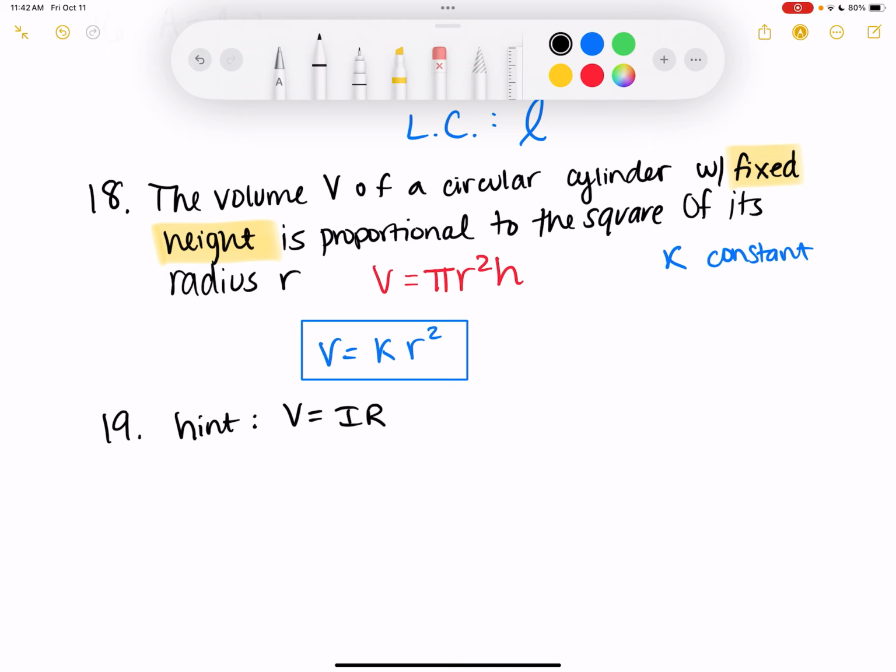24. Write a sentence that expresses the relationship in the formula. Use the language of variation or proportion.